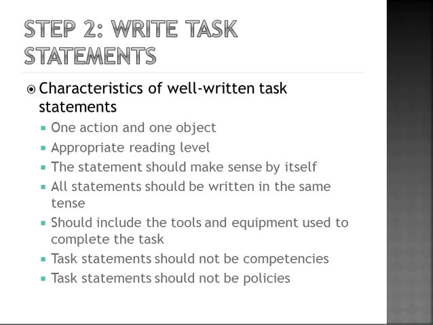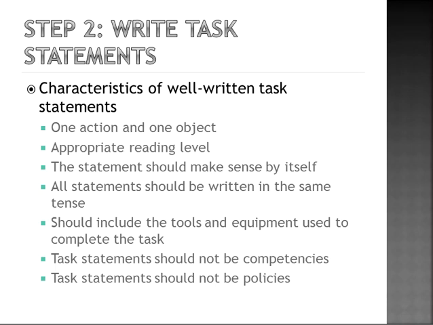Once the tasks have been identified, the next step is to write the task statements that will be used in a task inventory and included in the job description, as seen in the next slide. So step 2, write task statements. Characteristics of well-written task statements are one action and one object. Appropriate reading level. Again, we're stressing here that you're writing in a language that can be understood by most people.